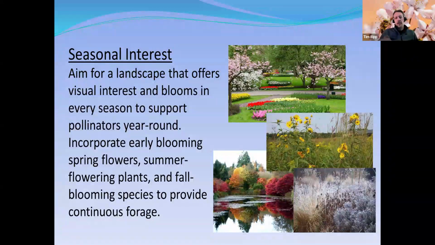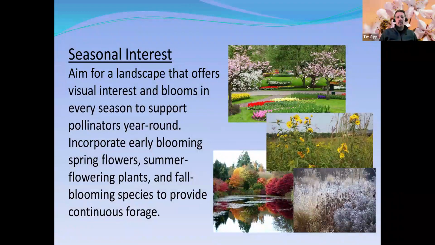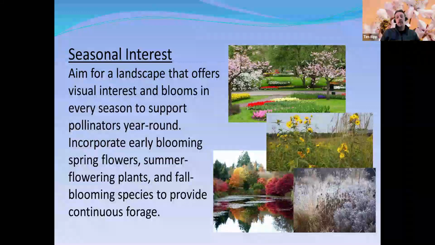So whether it's your red flowering maple trees, which bring interest, or your spring flowering apple trees, there's always a way to bring in some kind of seasonal interest and create that year-round perpetual bloom and nectar availability for our pollinators. And again, don't overlook the winter.